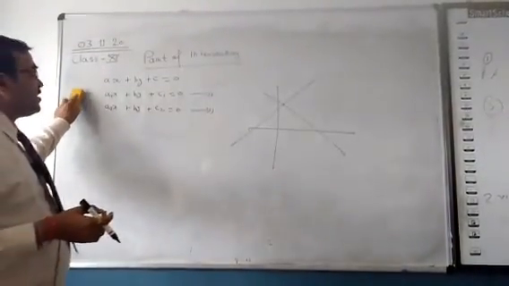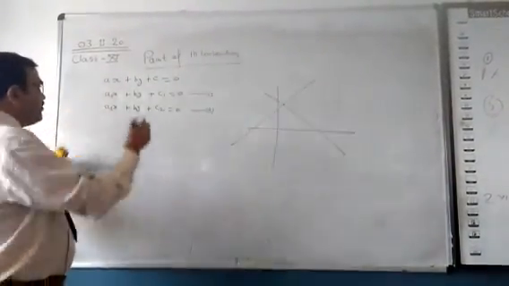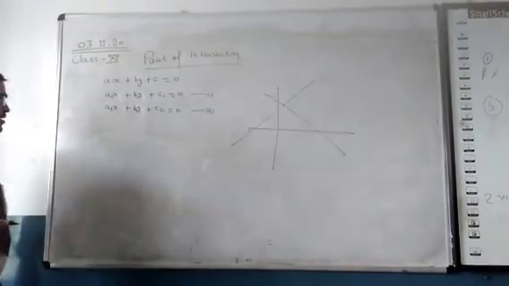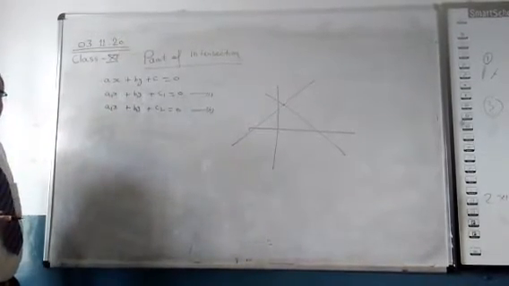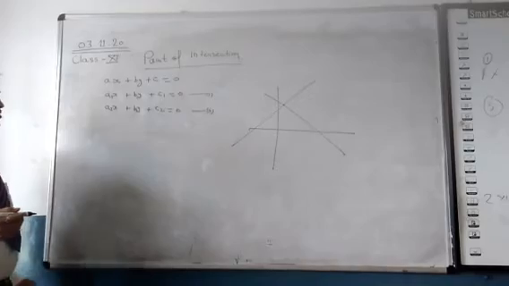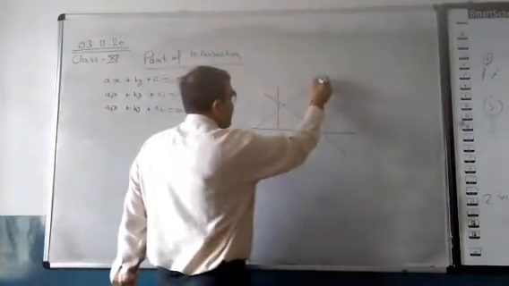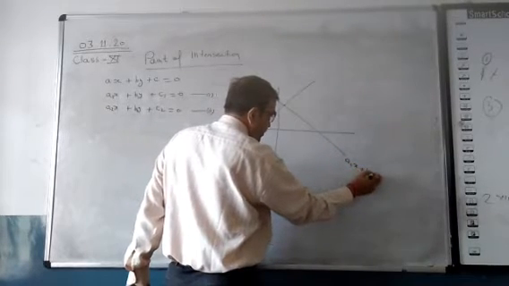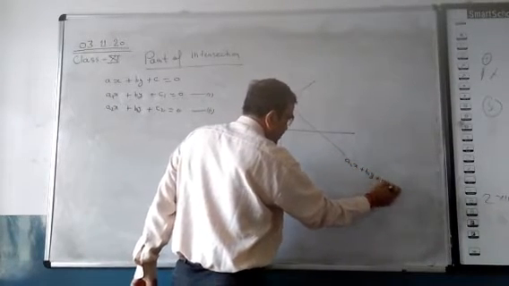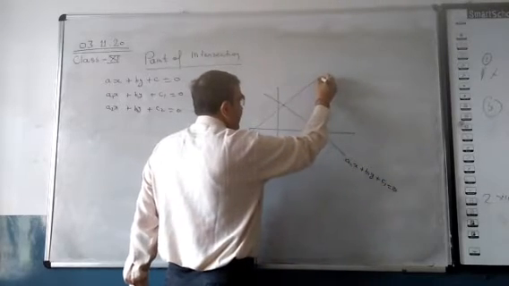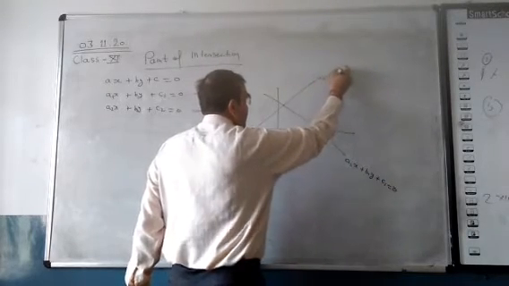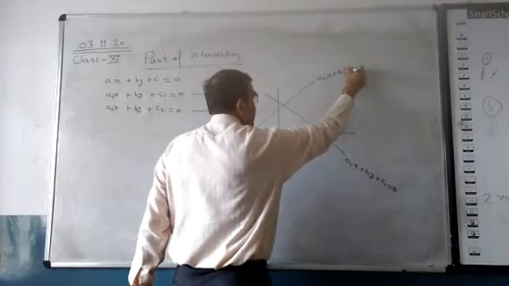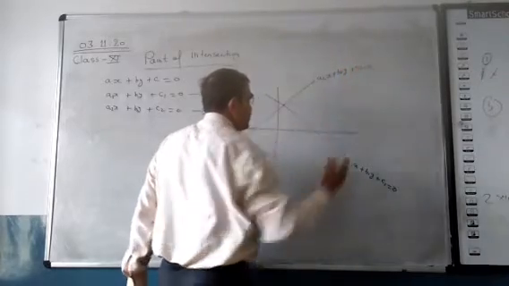Find out the point of intersection of two lines. First line a1x plus b1y plus c1 equals 0, and second a2x plus b2y plus c2 equals 0. Suppose this is the first line a1x plus b1y plus c1 equals 0, and this is the second line a2x plus b2y plus c2 equals 0.